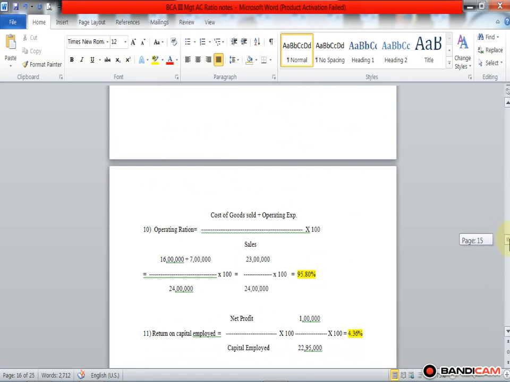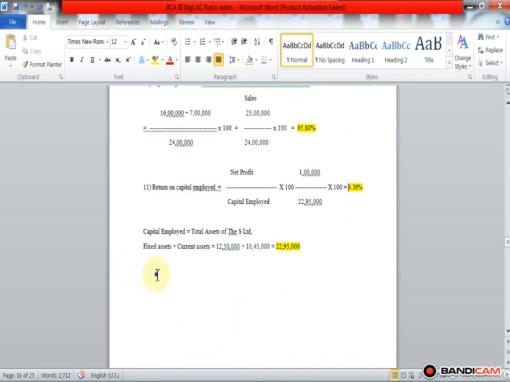Now we solve the last ratio of our problem, that is the 12th ratio, known as fixed asset turnover ratio. Earlier we calculated the total asset to turnover ratio. Now we find out the fixed assets to turnover ratio.